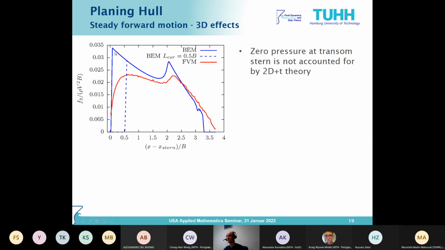So the 2D+t theory does not know that the ship hull ends after the transom stern. This is the most prominent 3D effect, and it has a large influence, and there needs to be some correction model for this. There are some additional 3D effects basically at the bow, due to pile up of water at the bow, but it's a little bit less prominent. And also at the chines there are some 3D effects.